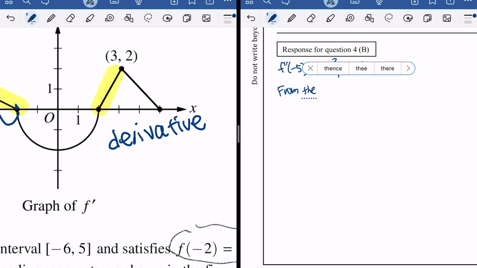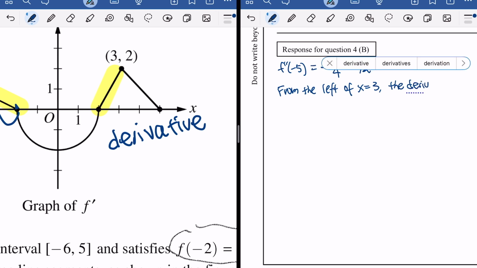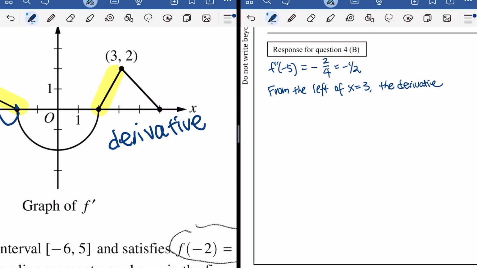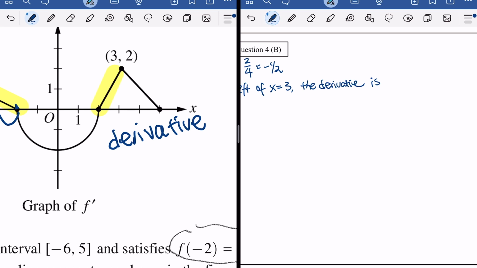From the left of x equals 3, the derivative is 2.